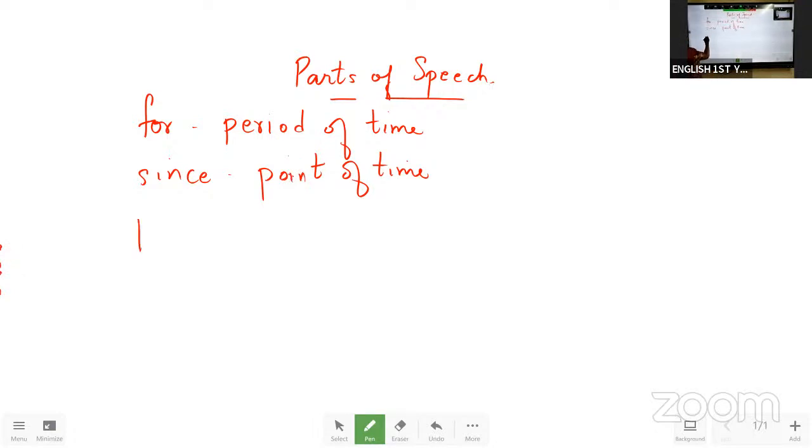He has been living here. You can frame two sentences using both. He has been living here for a long time.